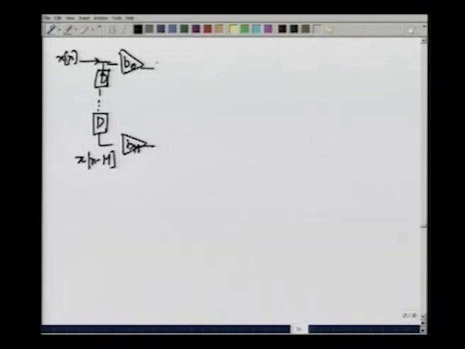Fine. Now, let us add all these things up. B1 adding up over here, there is another summer over here and so on till you have a summation over here which gets an input from bm x[n minus m]. So, you have all these things.